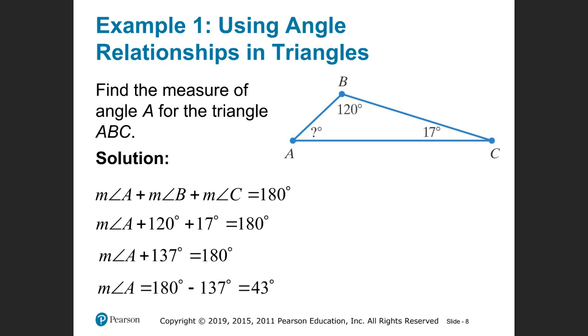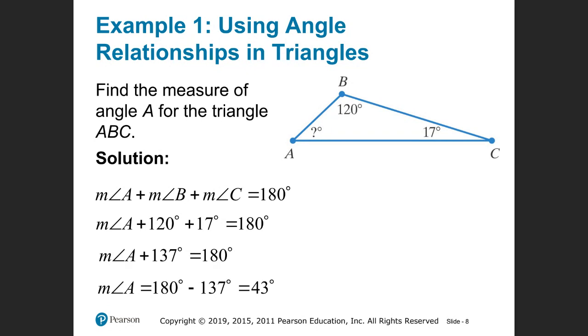In this example, we're going to use angle relationships in triangles. We want to find the measure of angle A for the triangle ABC. We know that the measure of the three angles is equal to 180 degrees. We're given the measure of two of the angles, 120 and 17.